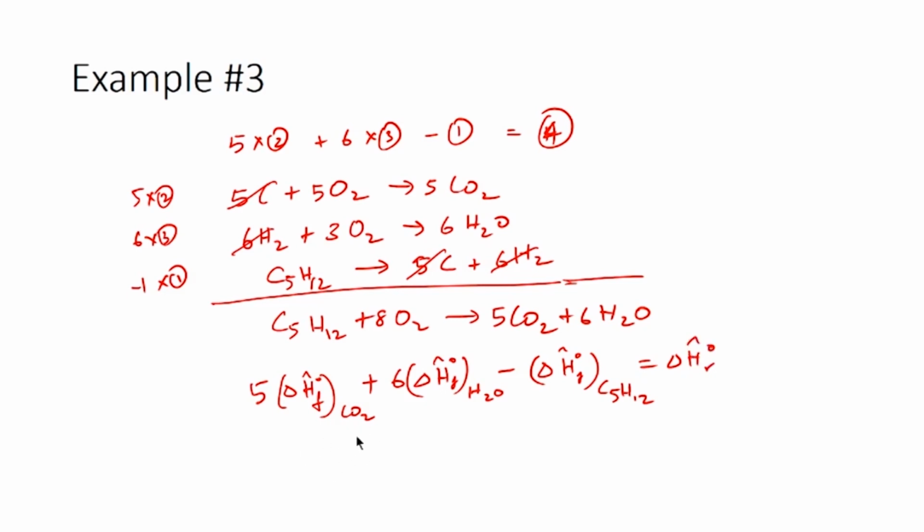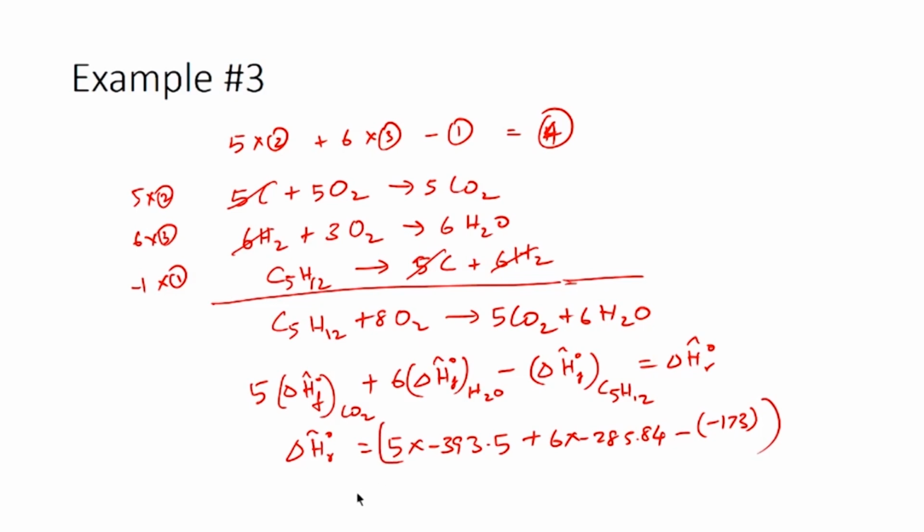So, knowing the heat of formation for carbon dioxide and water, we will plug them here. This can be obtained from your textbook or from any reference book. This would be 5 times minus 393.5 plus 6 times minus 285.84 minus of minus 173, and this value is delta HR is equal to minus 3509 kilojoules per mole.